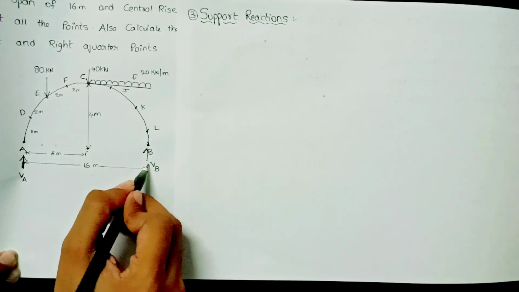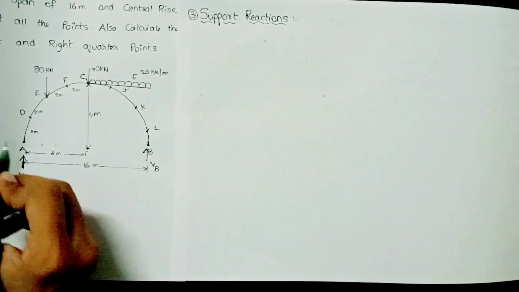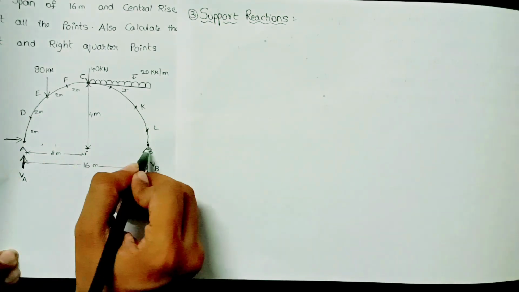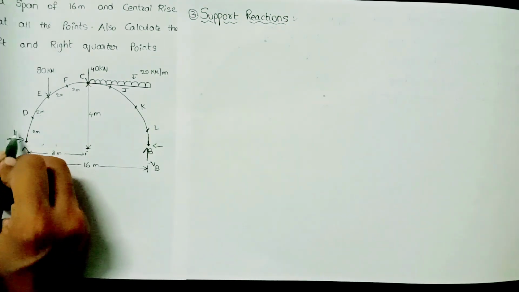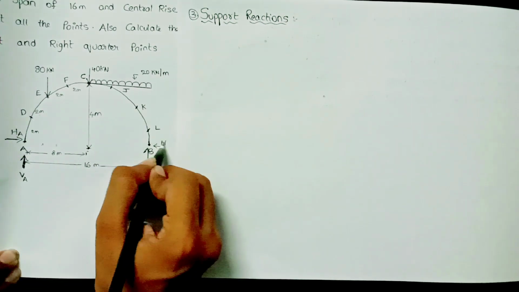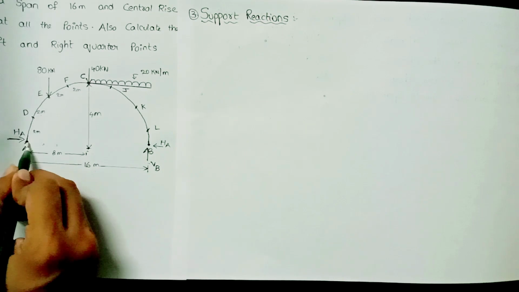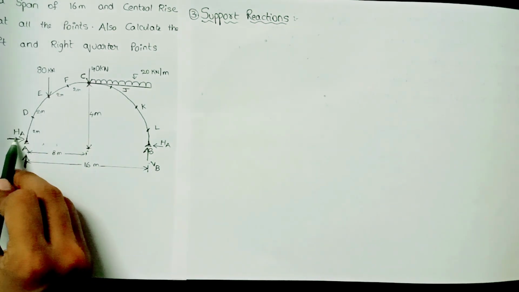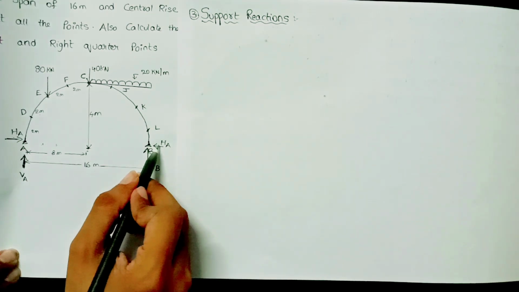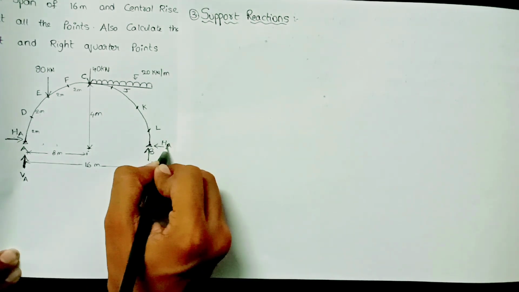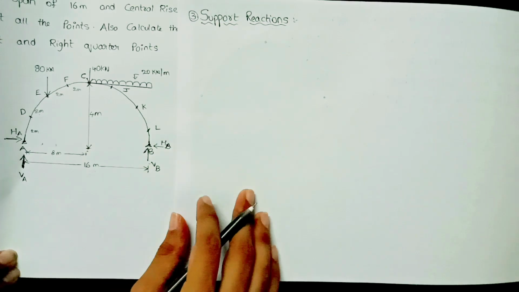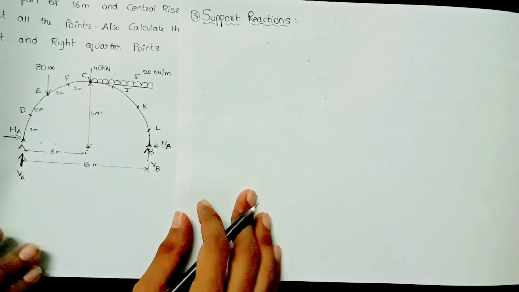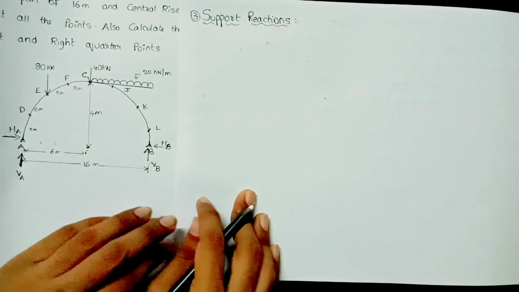VA and VB are the vertical reactions, and HA and HB are the horizontal reactions. Since we have hinged supports at A and B, each has one vertical and one horizontal reaction. Now we have to calculate the support reactions, that means VA, VB, HA and HB.